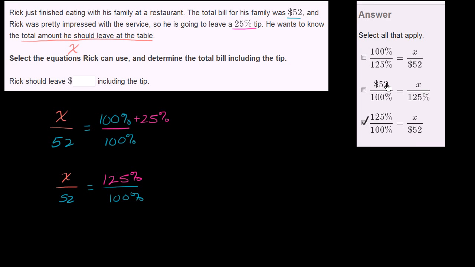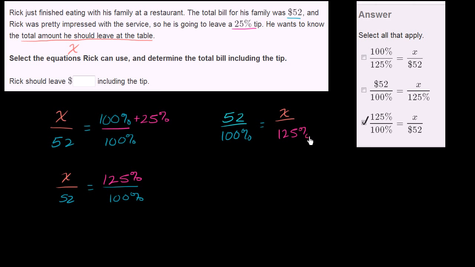So here it says the ratio of the actual bill to 100% is equal to the ratio of what you're going to pay to 125%. Now this makes sense too. Let me just rewrite it again for emphasis. Here they're constructing a proportion where you have the ratio of the total bill, and you're saying, hey, look, that total bill is 100%, and this ratio should be the same as the ratio between the actual amount we're paying and 125%.